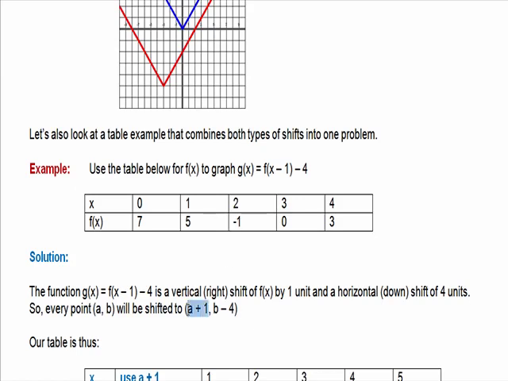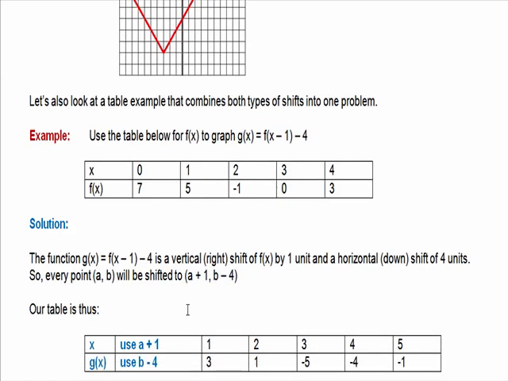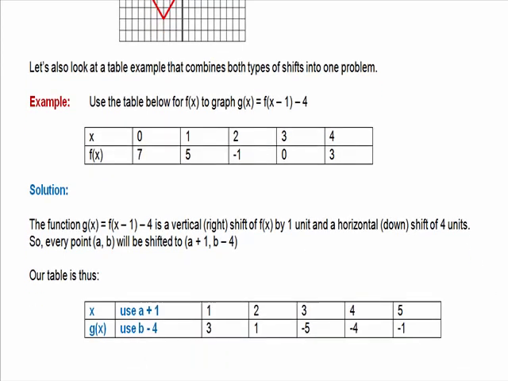So the point (a, b) would become (a plus 1), so there's the right shift. And then I have a downshift of 4, so the b becomes b minus 4. So notice to get the new values, all I'm going to do is go back to my old table, and I'm going to add 1 to all the x's, and I'm going to subtract 4 from all the y's. And that's exactly what I did to make this table.